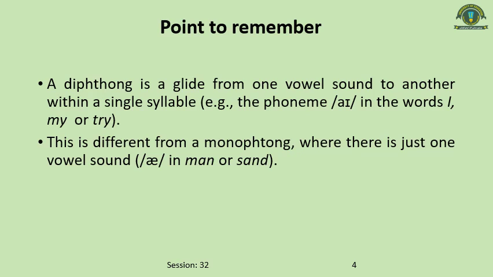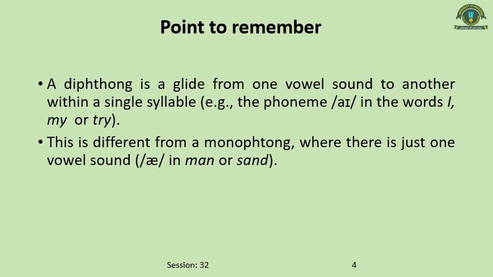Now, the most important thing which you must remember, whatever a diphthong is, we have defined it. The point to remember here is that a diphthong is a glide from one vowel sound to another within a single syllable.